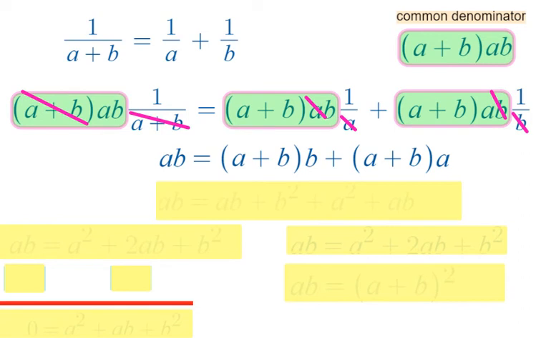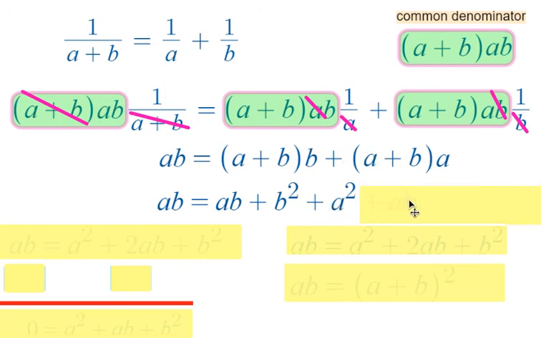Now we can distribute to put all this together. So we have AB equals A times B is AB plus B times B is B squared. Then we have plus A times A is A squared, and B times A is AB.